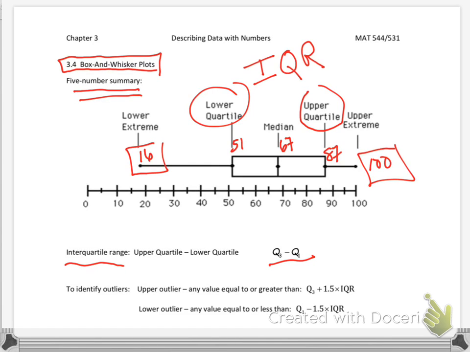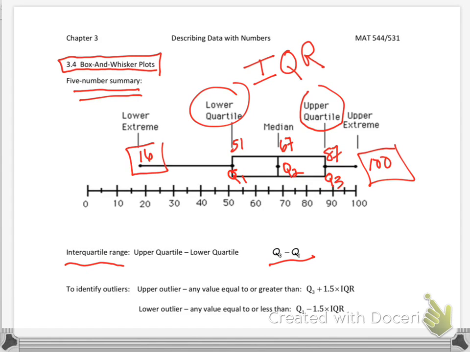This is used to identify an outlier. Let me label some more things for you. This is Q1. This is Q2, which is your median. This is Q3.